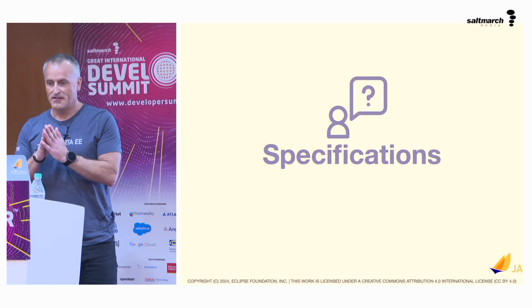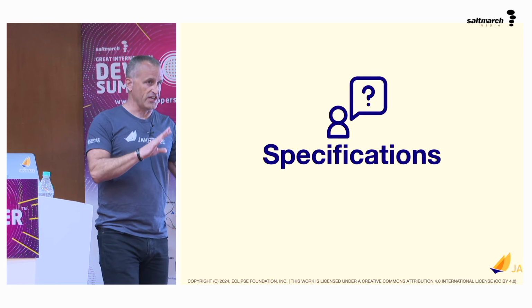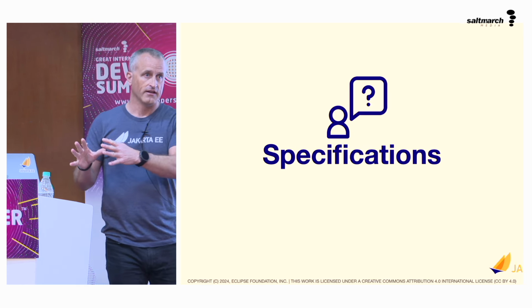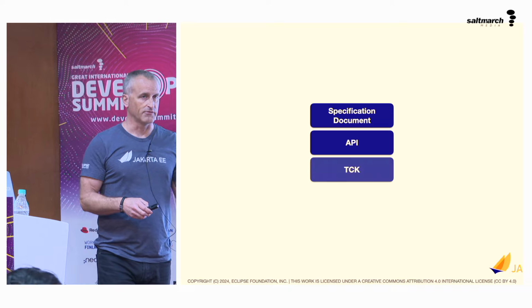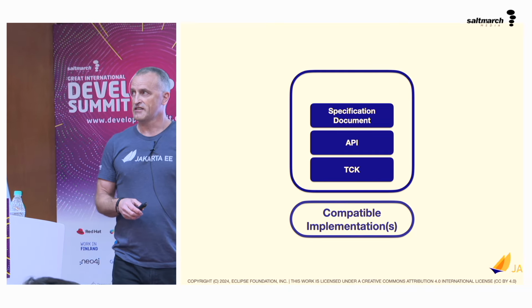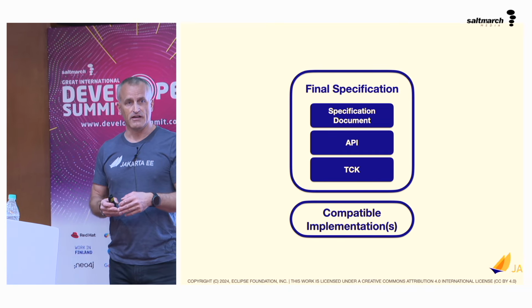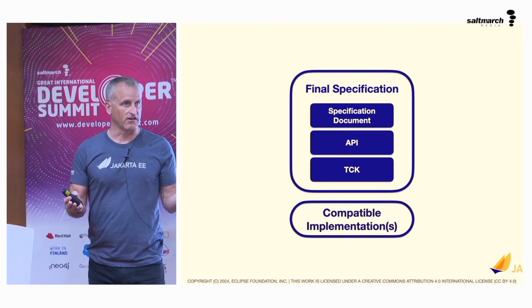So when we talk about Jakarta EE, as opposed to Spring, the Spring framework is a framework, whereas in Jakarta EE, we're talking about specifications. And when we talk about specifications, the artifacts that we produce when we create a specification are a human-readable document that describes a piece of technology.